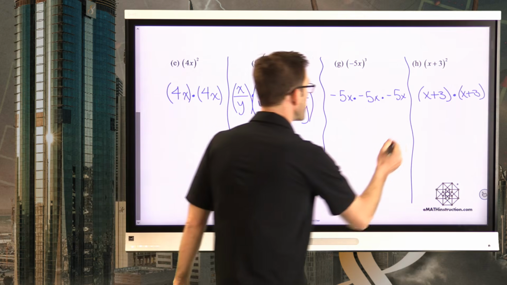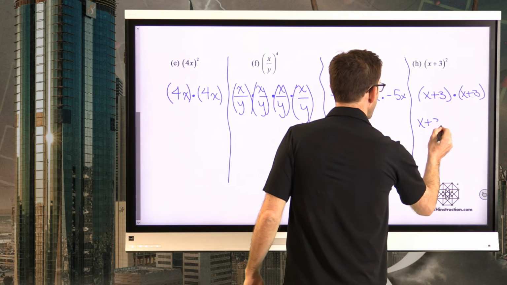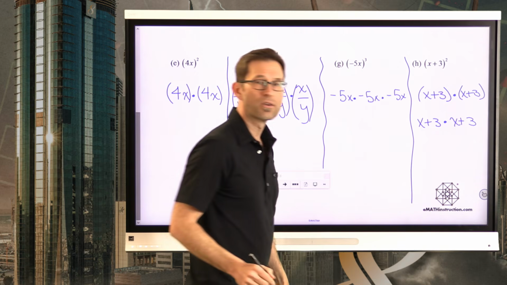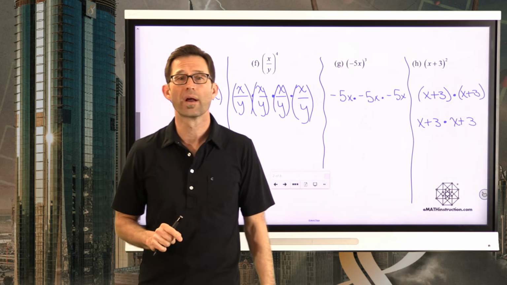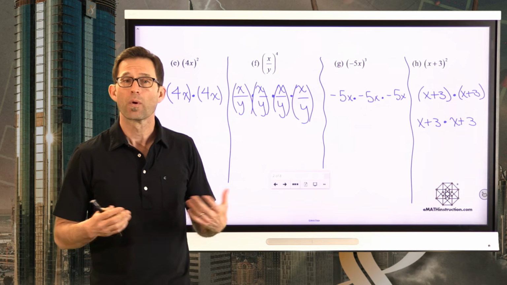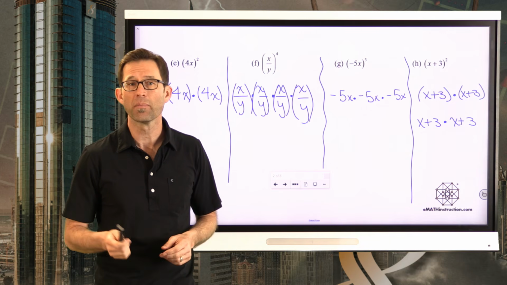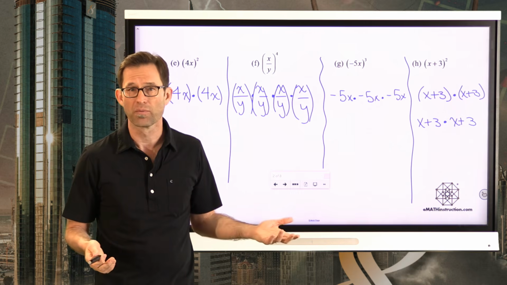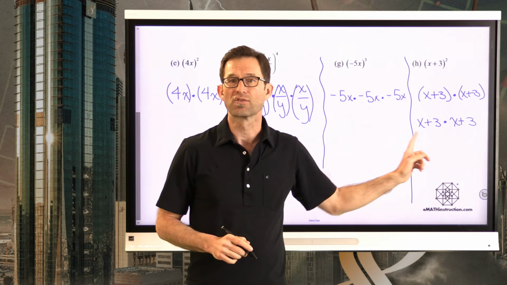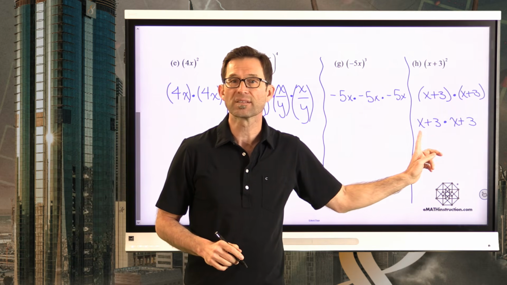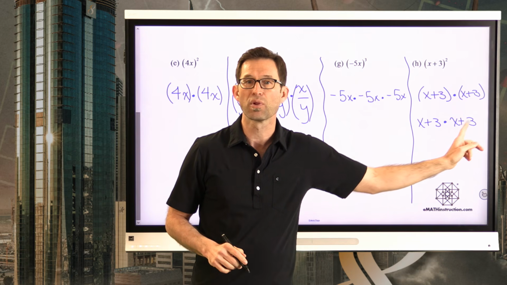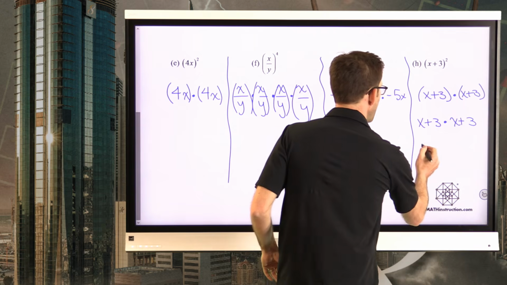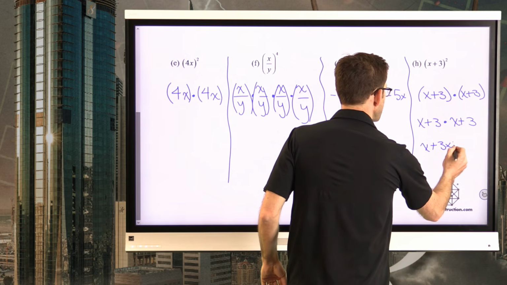So let me be very clear. If you wrote this down, that's actually incorrect, all right? And the reason it's incorrect is due to order of operations. Remember, order of operations would say that multiplication has to come first and addition has to come after multiplication. So if I were to look at this expression, that would really be x plus 3 times x plus 3, which literally would be x plus 3x plus 3.